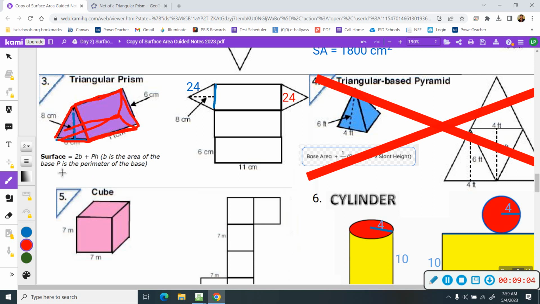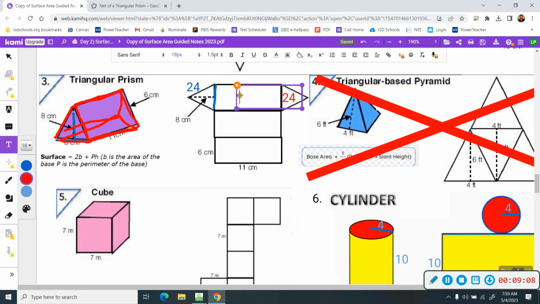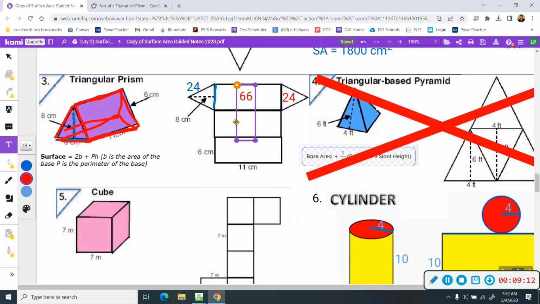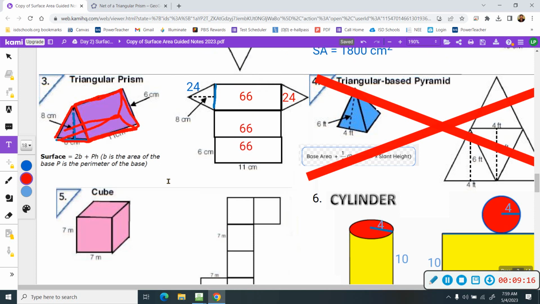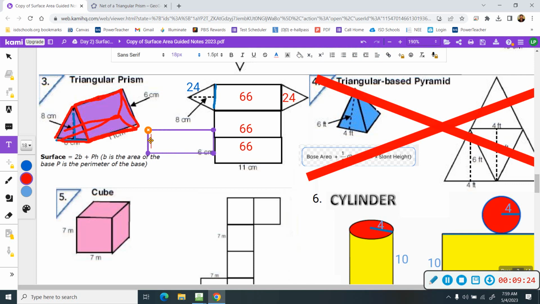So you have three of them all exactly the same. 6 by 11, that's 66. 6 times 11. So if I add up those numbers, I get 246. So the surface area is 246 square centimeters.